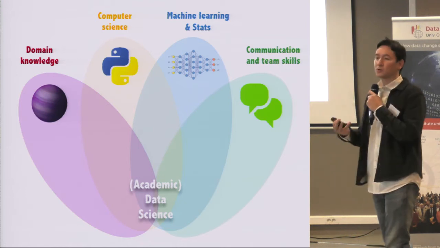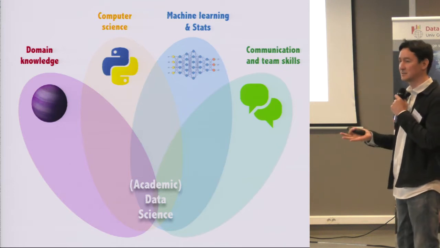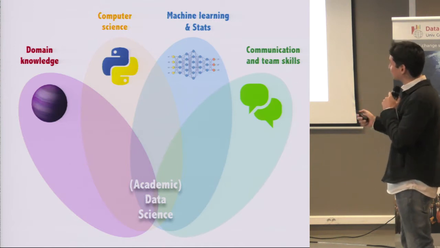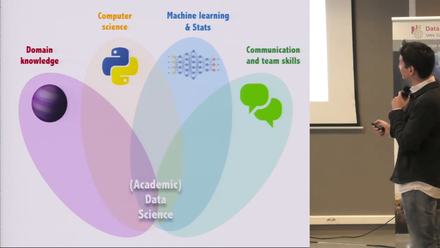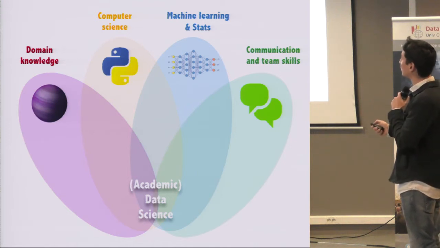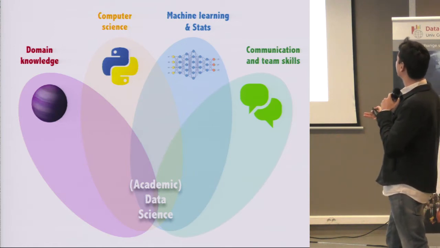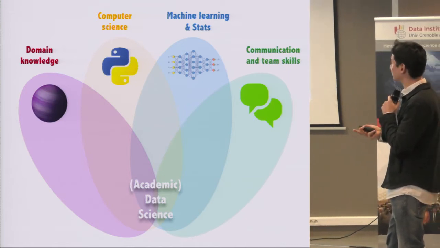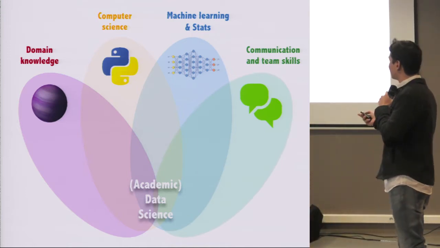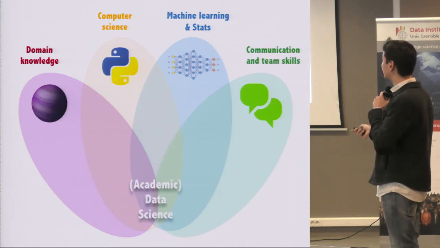I will skip the whole definition of what data science is, this over-abused term, but let's agree that it contains these 4 different components: domain knowledge, programming and computer science, statistics and machine learning, and also an important part, which is communication of ideas and team skills.